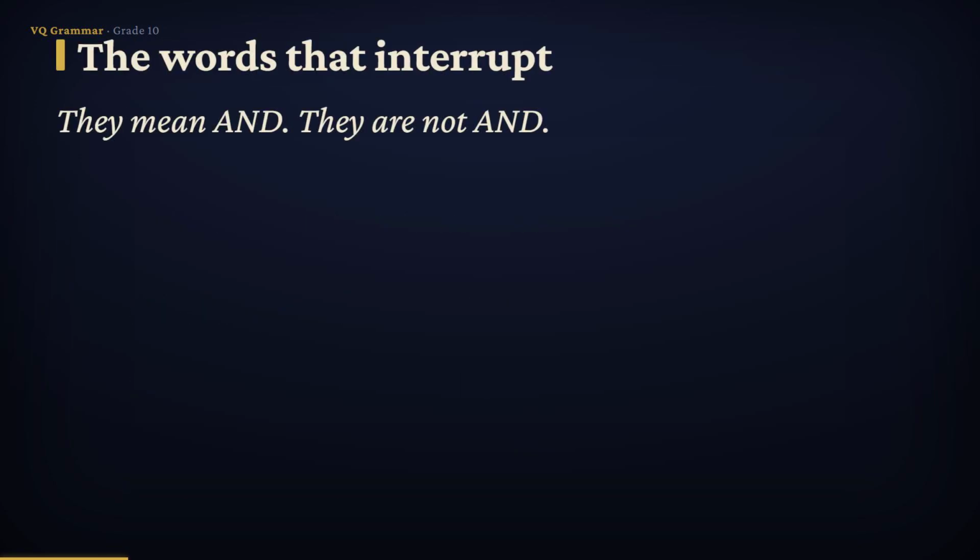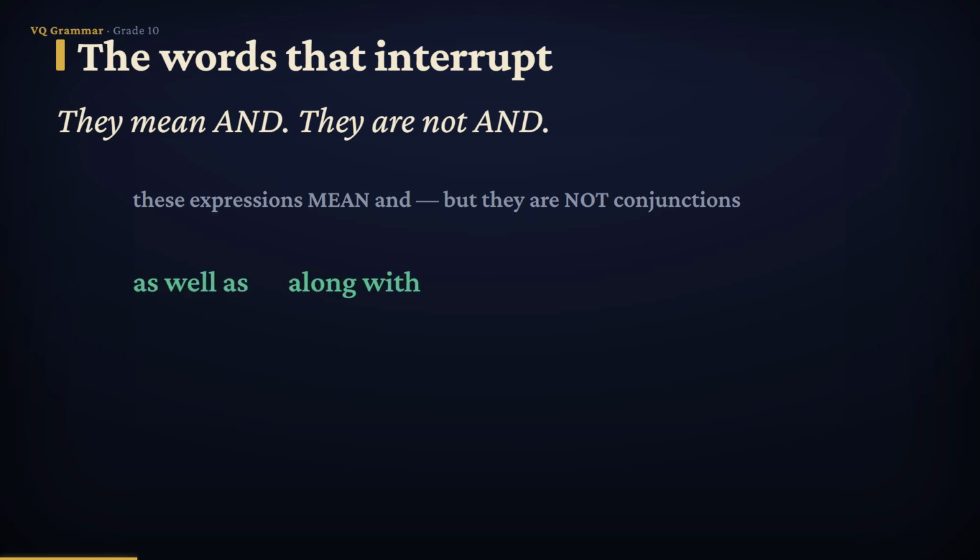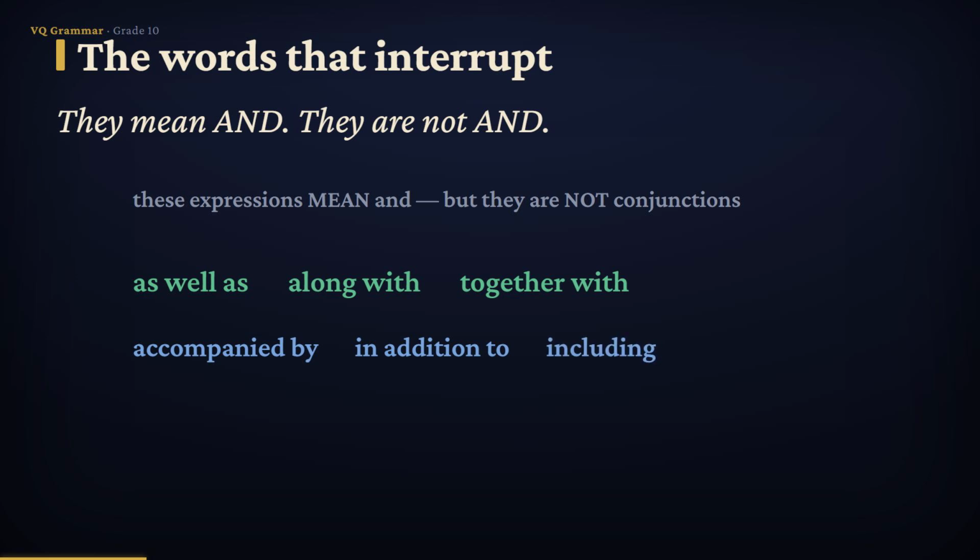So which phrases are we talking about? Here are the ones you will meet again and again: as well as, along with, together with, accompanied by, in addition to, including, and 3 more that catch people out: plus, not, and rather than.